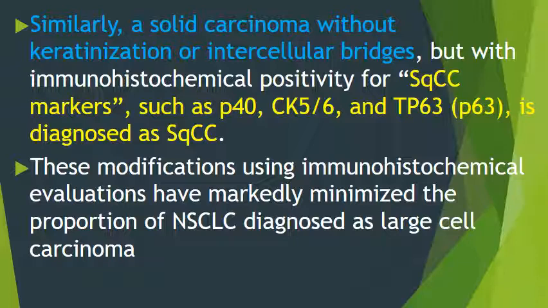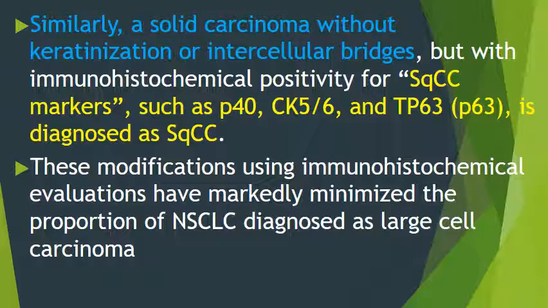So immunohistochemical staining is very important, especially for solid tumors without morphological features of either squamous cell carcinoma or adenocarcinoma. If the tumor is solid and staining is positive for P40, CK5/6, P63, the diagnosis would be squamous cell carcinoma.